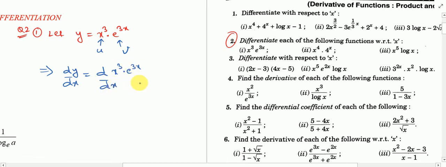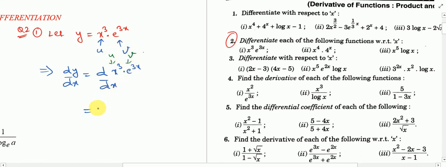While solving this type of question, you don't have to write that let u be this or v be this, because here you can clearly differentiate between these two, u and v. So here take this as u, take this as v.